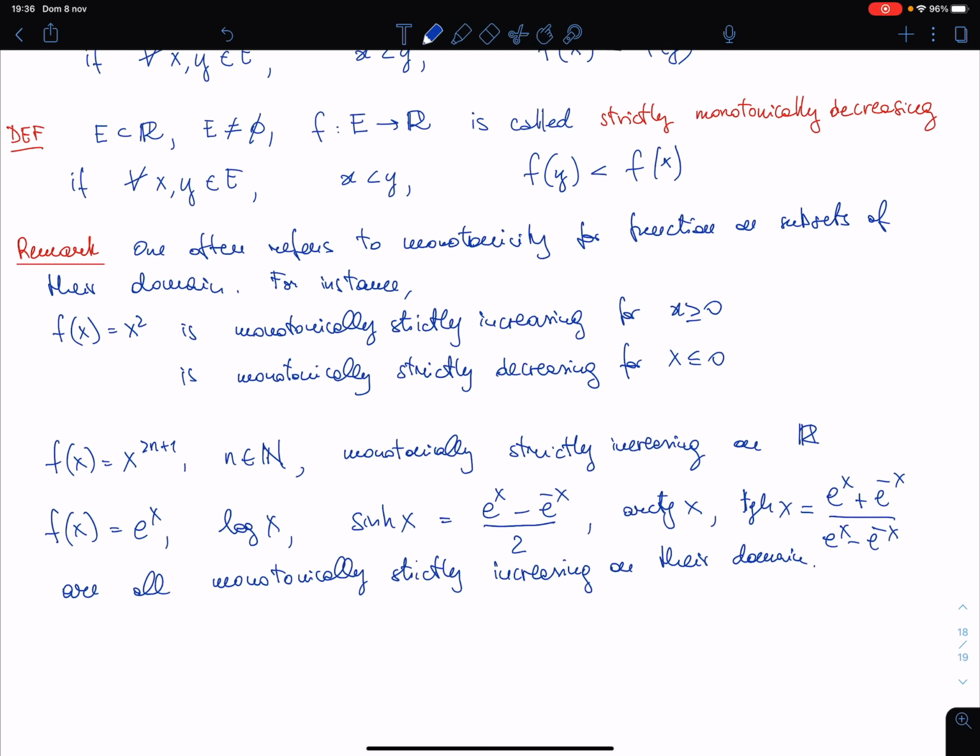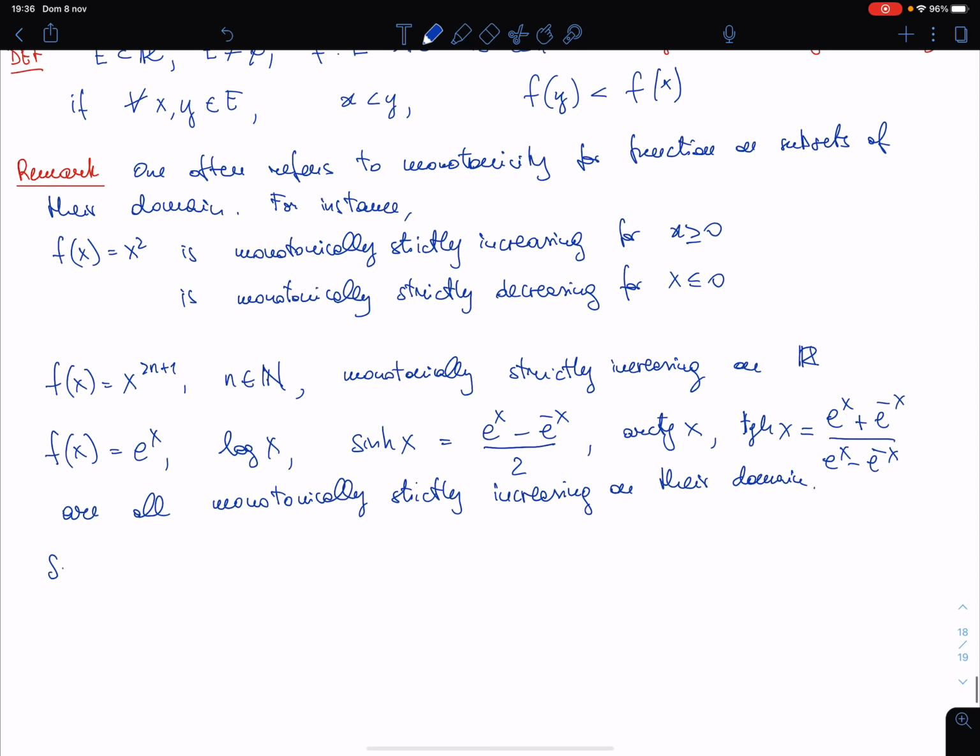And of course, sine of x is monotonically increasing, but not strictly.